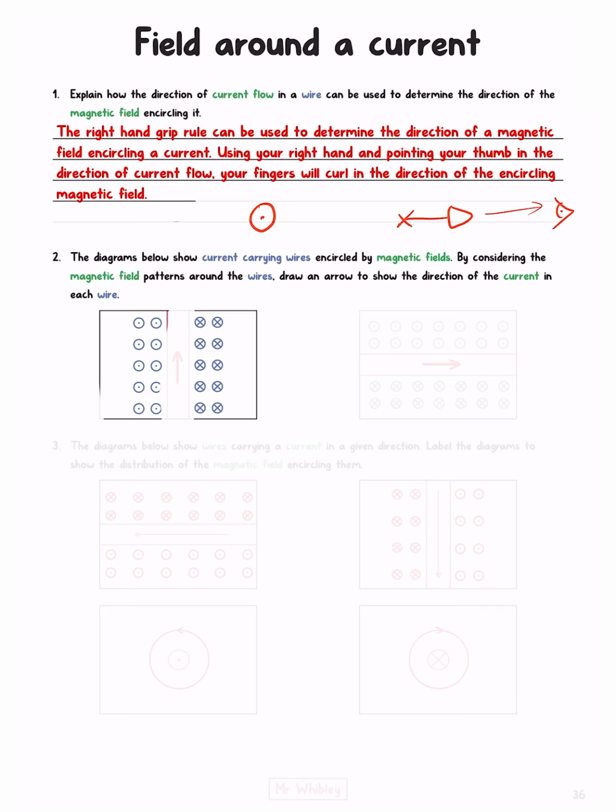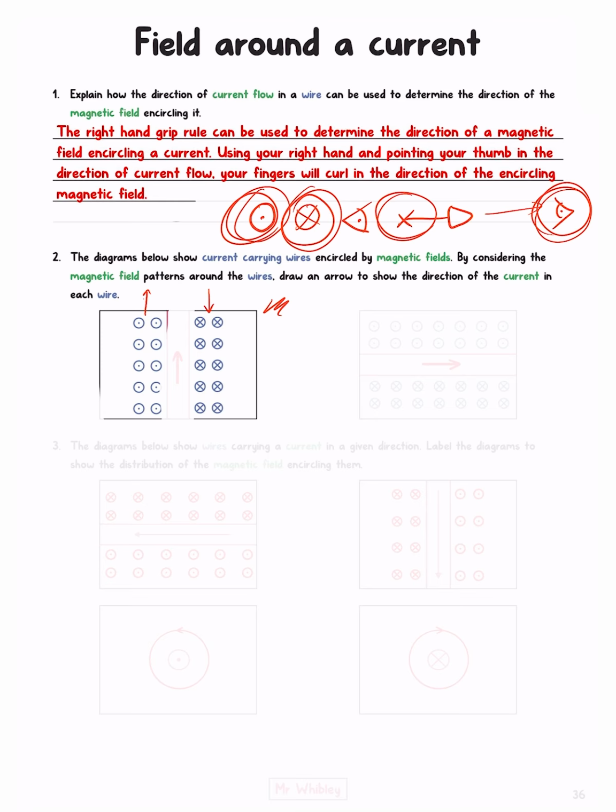Whereas if you see the X pattern, then you're viewing the back of the arrow, for example, from this angle here. So to recap, if we see this pattern, then we have the field coming towards us, and if we see this, then we have the field going away. What that means for our example here is that on this side, our field is coming out of the page, whereas on this side, it is going into the page.